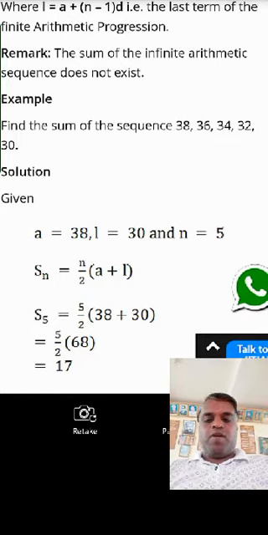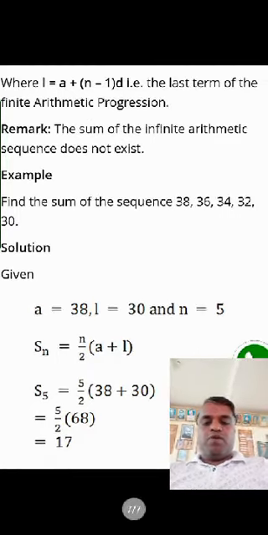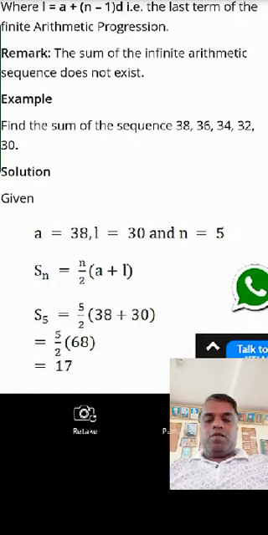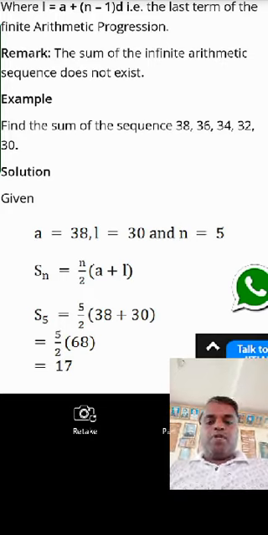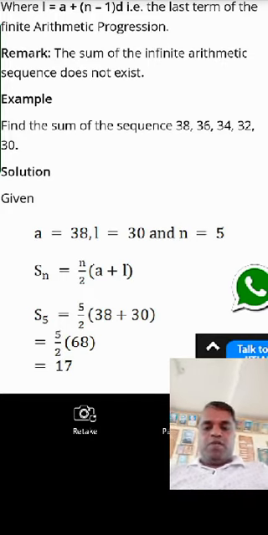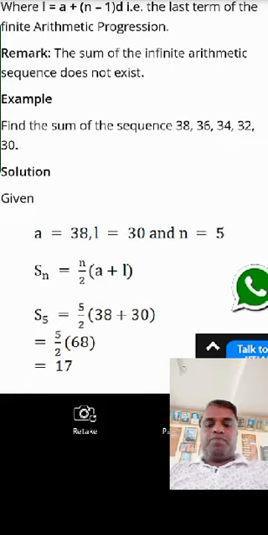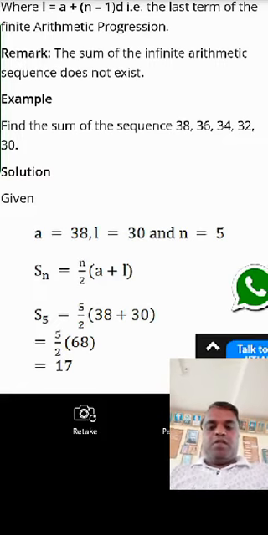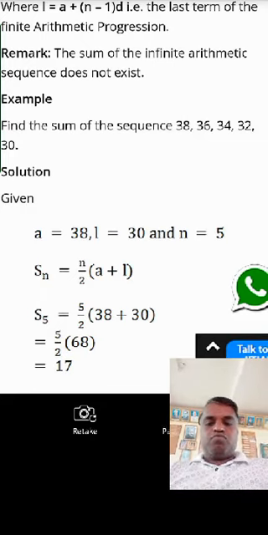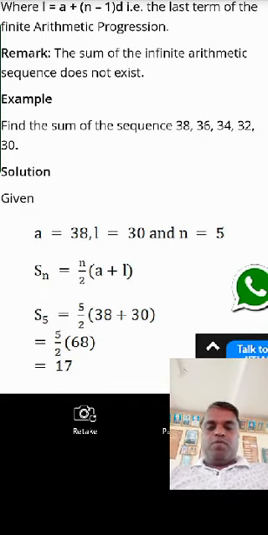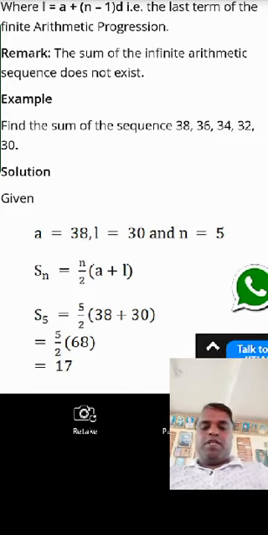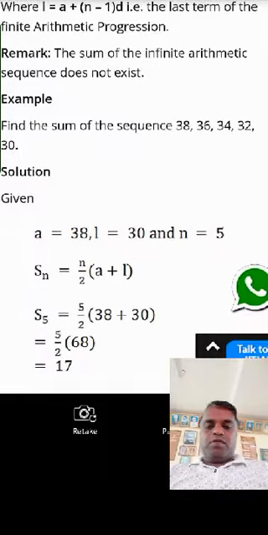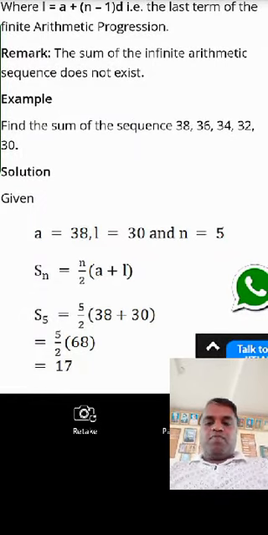Thus S5 equal to 5 by 2 into 68. 68 divided by 2 is 34. 5 by 2 is 2.5. 2.5 into 68 is 170. That is the final answer.